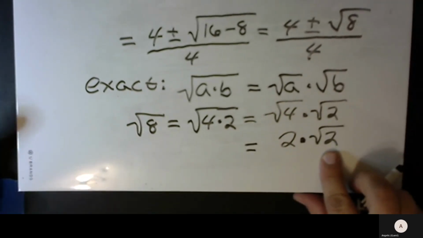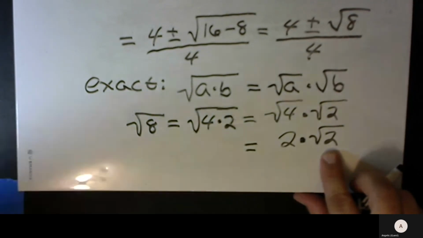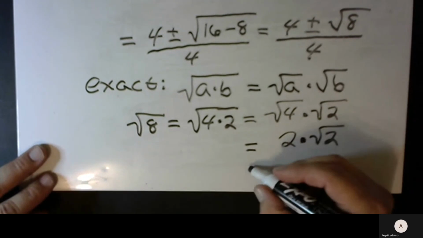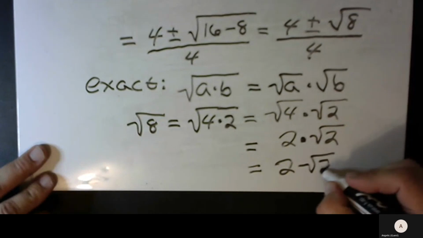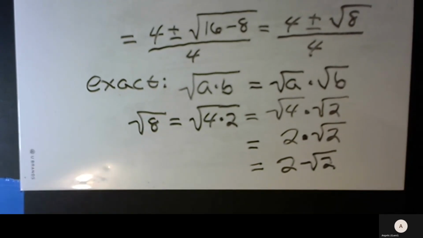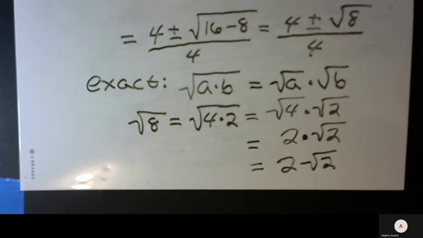Just like if we have pi, instead of rounding it to 3.14159, we could just leave it as pi. And so we call this 2 root 2. There's an implied multiplication here. You get those implied multiplications when you have variables next to each other and when you have something in front of a square root.